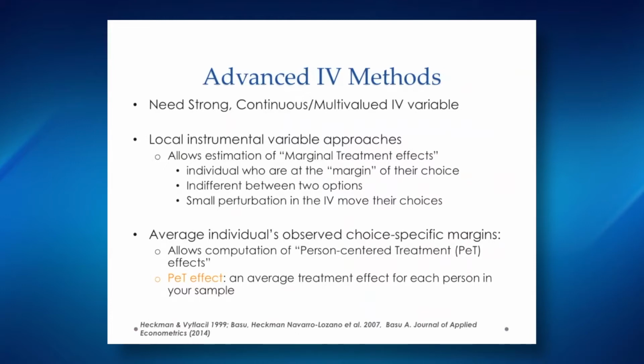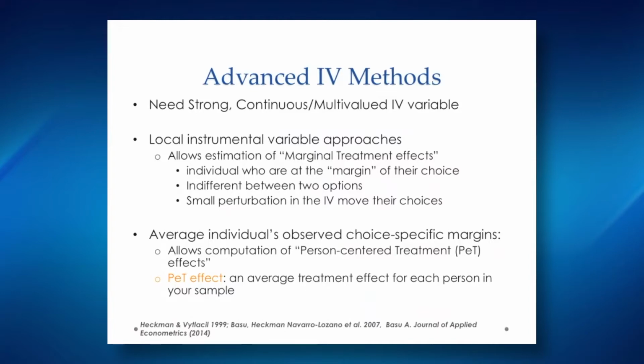And then a small perturbation of the instrument, or a nudge, can move you to the other side. And so there is a lot of work where you can use a continuous instrument to understand and establish treatment effect heterogeneity in the population, and even take that and estimate a person-centered treatment effect, which is the average treatment effect for each person in your sample.